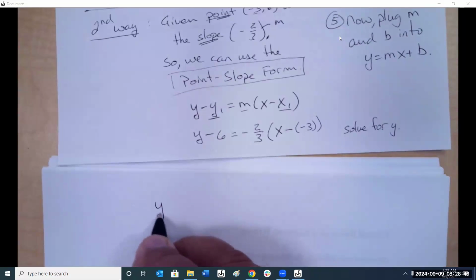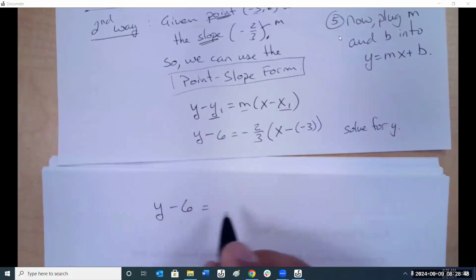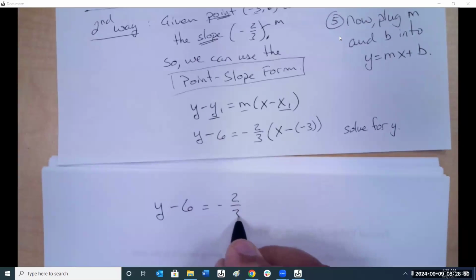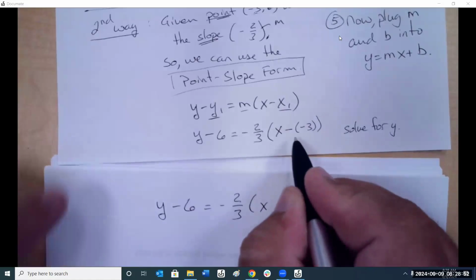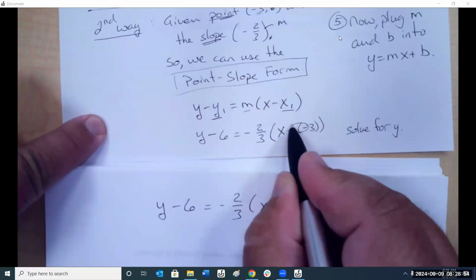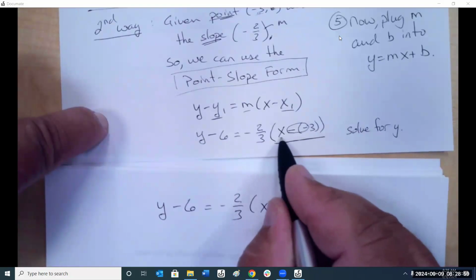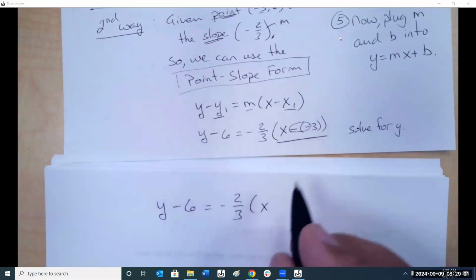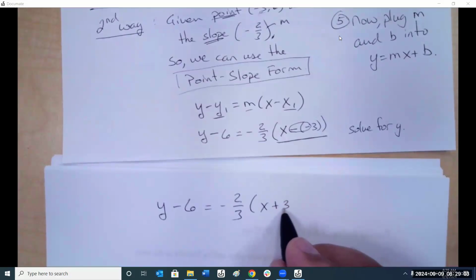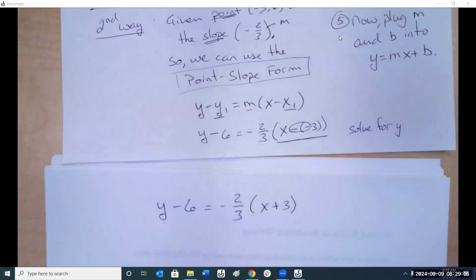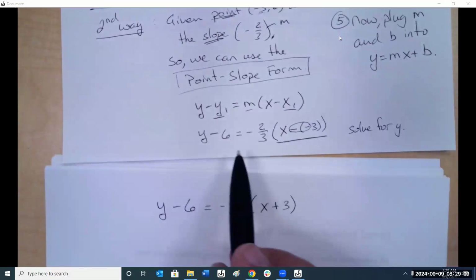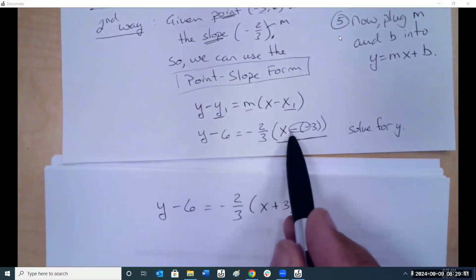So we have y minus 6 equals -2/3. Since we have two negatives next to each other inside the parentheses, we do inside first. Negative and negative becomes a positive. Order of operations always has to be followed.